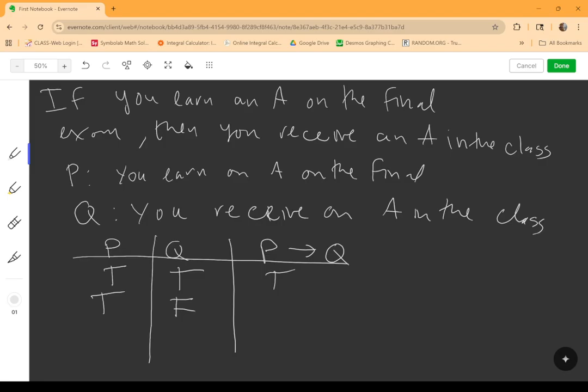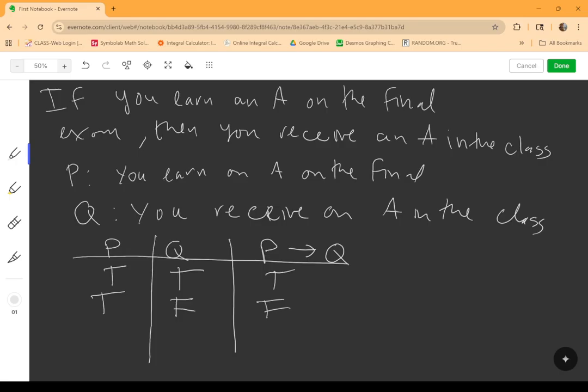So here what we're saying is that you did earn an A on the final, but you did not earn an A in the class. That would be that the instructor was lying, right? So the implication was false. Okay, so here the promise was broken, so the implication was false.